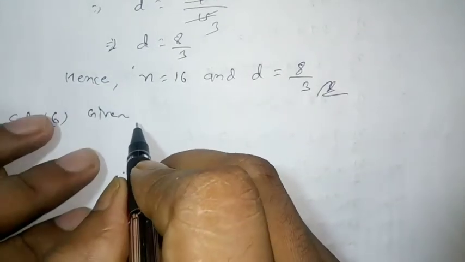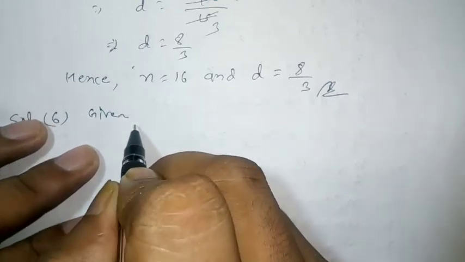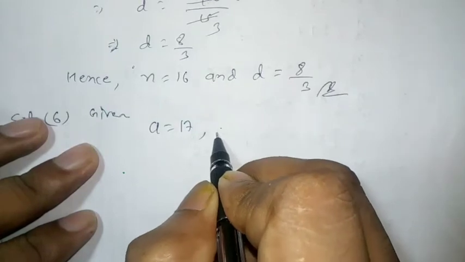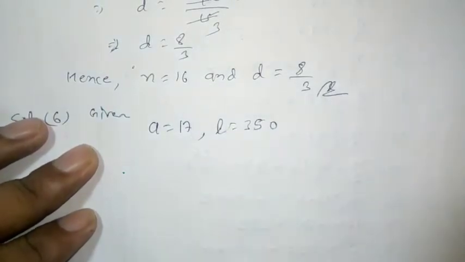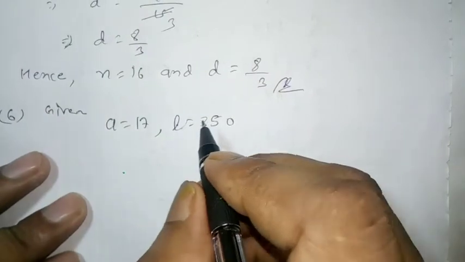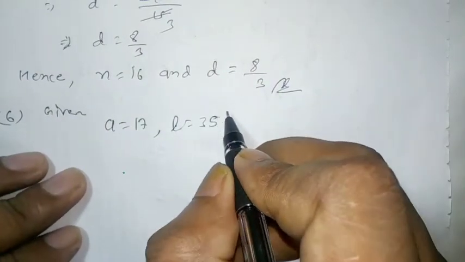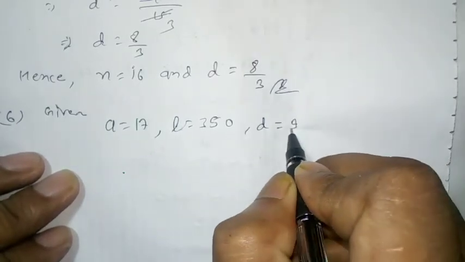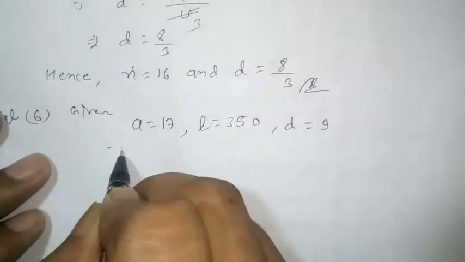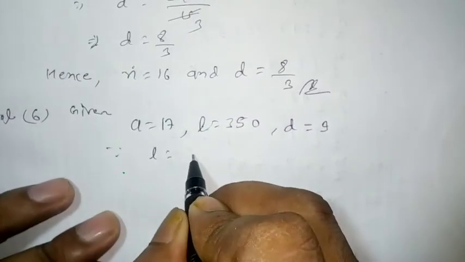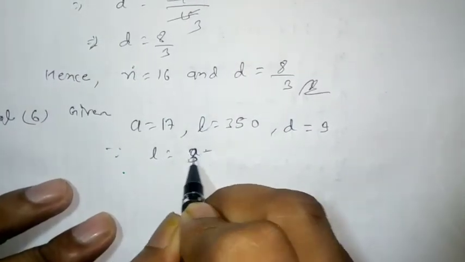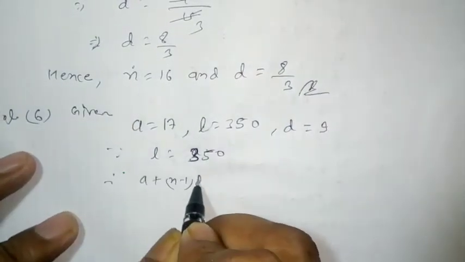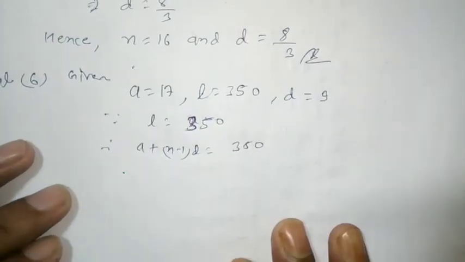Given: a is equal to 17, L is equal to 350, d is equal to 9. Now because L is equal to 350, therefore a plus (n minus 1) into d is equal to 350.